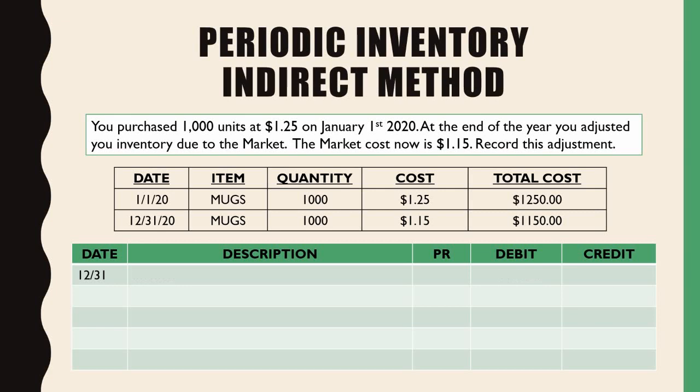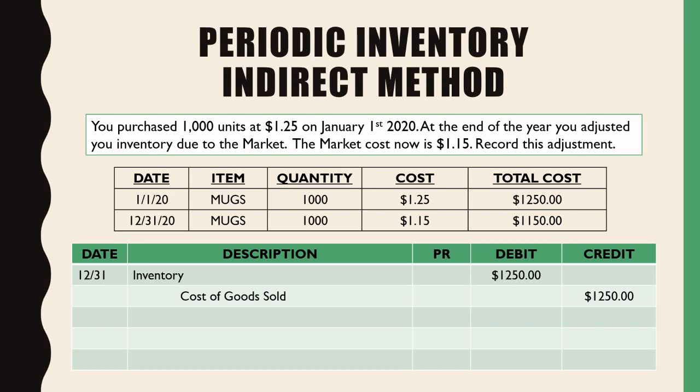Now let's talk about the indirect method, because the difference with this one is that we're not going to just shove it into cost of goods sold and pretend we sold it, because we really didn't. In this case, we're going to recognize that we lost some inventory, or lost the cost of the inventory, to the market. So once again, you do your periodic inventory, but this time you recognize it for the full amount of $12.50.